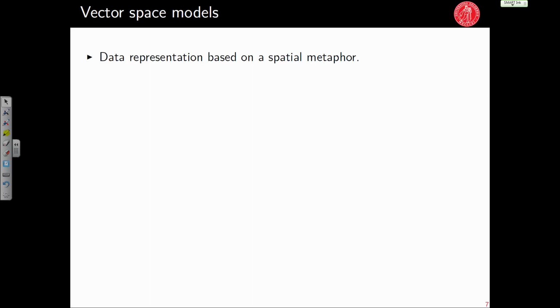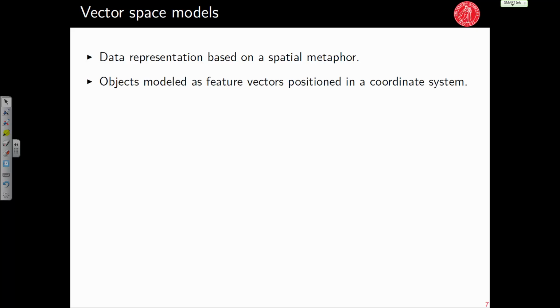So vector space models, these were data representation models that were based on this spatial metaphor or geometrical metaphor. We didn't introduce any probabilistic notion to this, so it was just pure counting. An object in the space is represented as a feature vector that is positioned in a coordinate system.